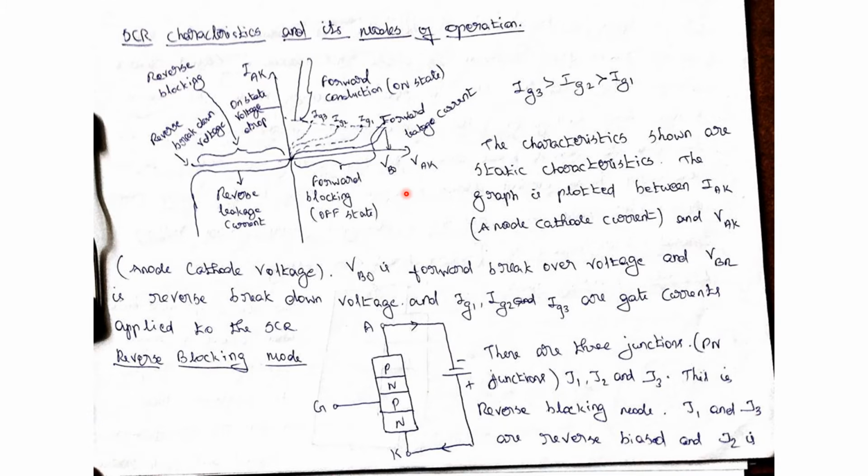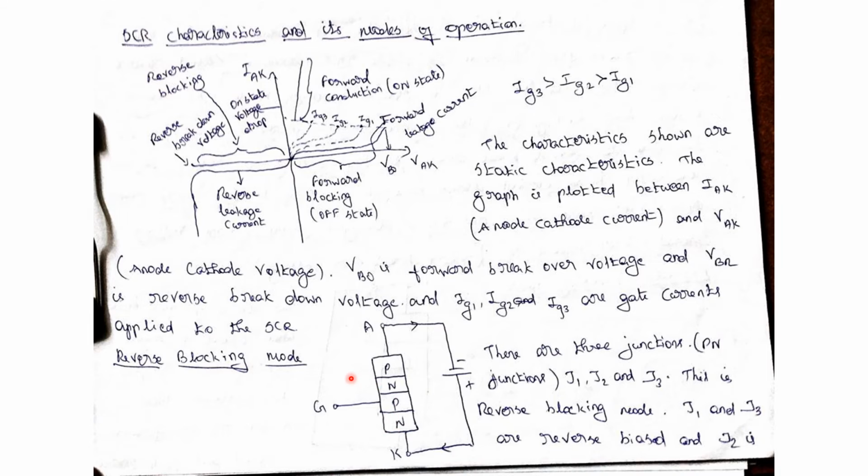VBO means forward breakover voltage, and VBR is reverse breakdown voltage. IG1, IG2, IG3 are gate currents.